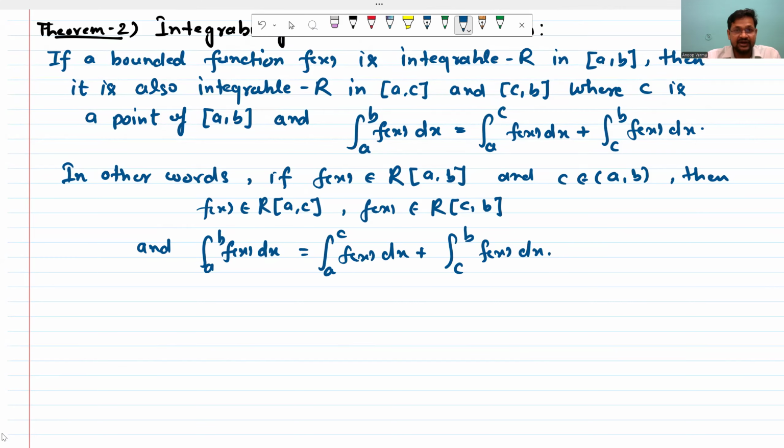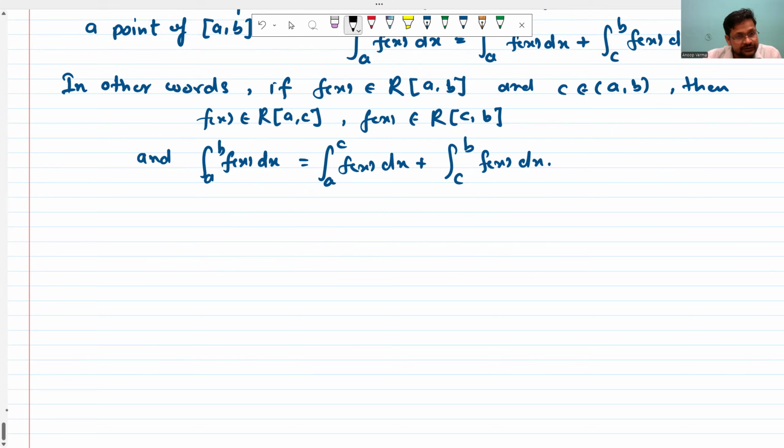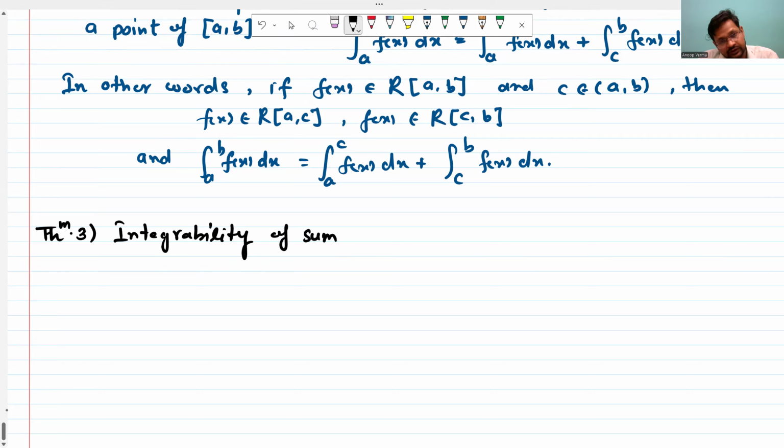Next result is on the sum and difference of two integrable functions. So theorem three, integrability of sum and difference.